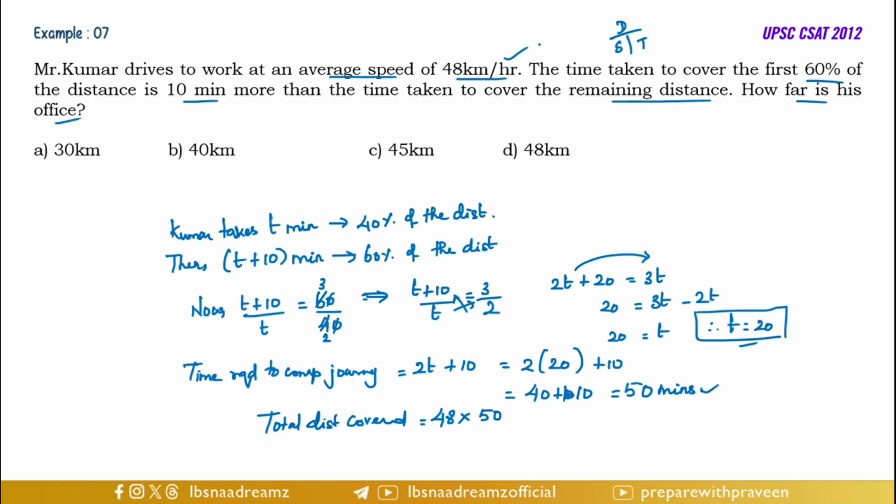In the question they have given hour. So 50 by 60. 6 8s are 48. So 8 into 5 is equal to 40 kilometer. So the total distance covered is equal to 40 kilometer. Option B is the right answer.